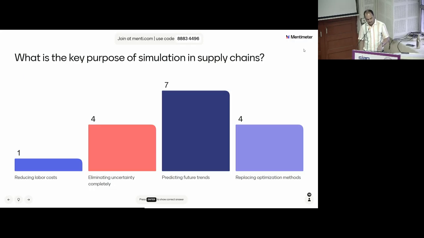And how do you eliminate the uncertainty here? Can we eliminate the uncertainty in simulation? No, uncertainty is involved, that's why we go for the simulation. If there is no uncertainty, you can go with the optimization method, because you know everything, use that input and then optimize the network.